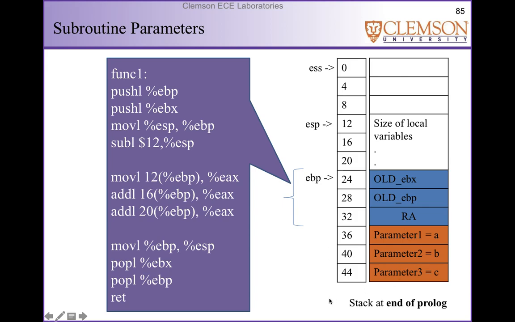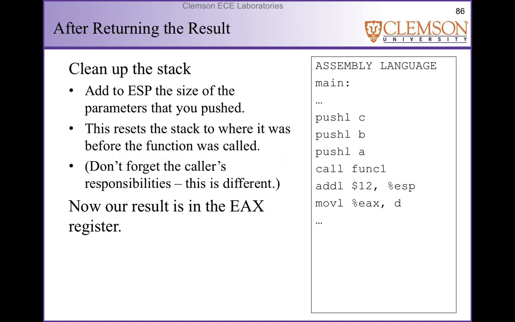You got to be able to access the right values here, but these 3 parameters are getting in your way. You want to kind of get rid of them, but remember, you can't delete anything in the stack. You can only replace. So to clean up the stack, it's very simple. You just have to add to the ESP.